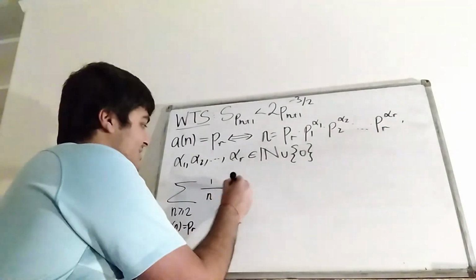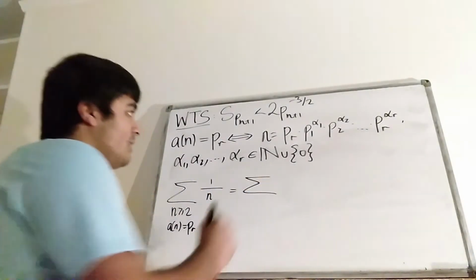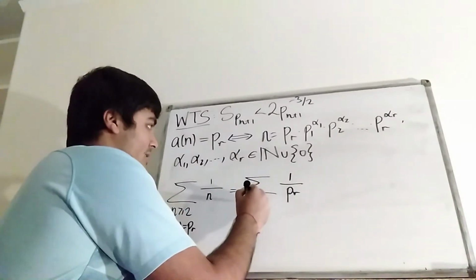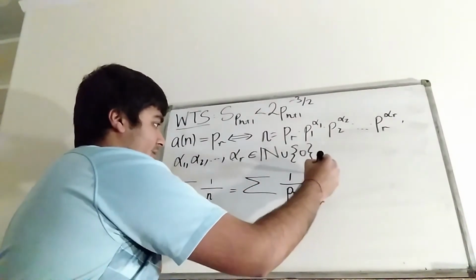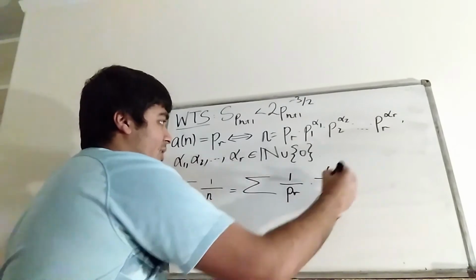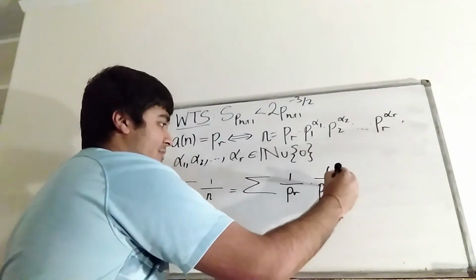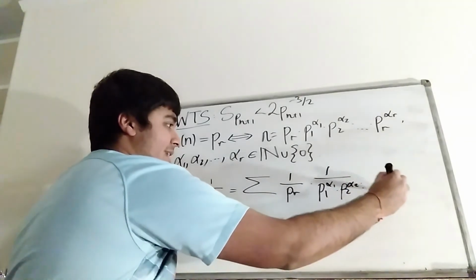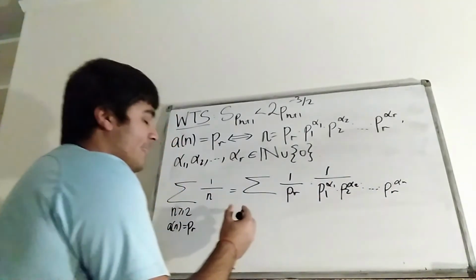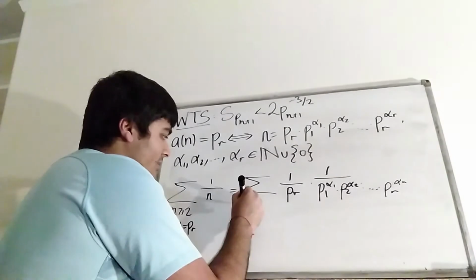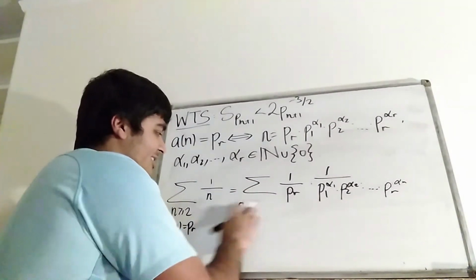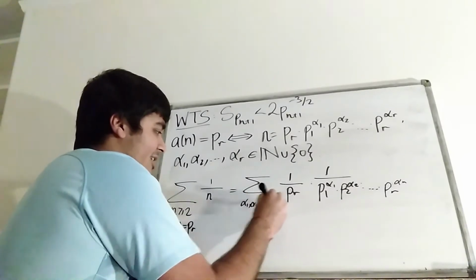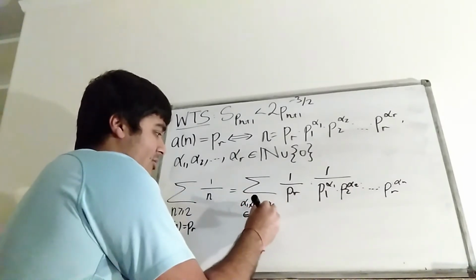So this is going to be precisely the sum of 1 over p_r times 1 over p_1 to the alpha_1 times p_2 to the alpha_2 times ... all the way up to p_r to the alpha_r, where alpha_1, alpha_2, ... alpha_r are non-negative integers.